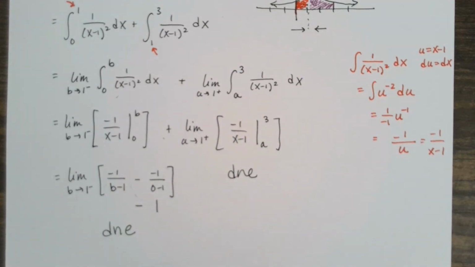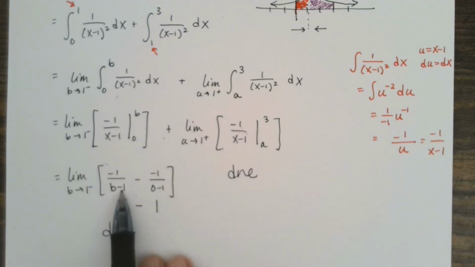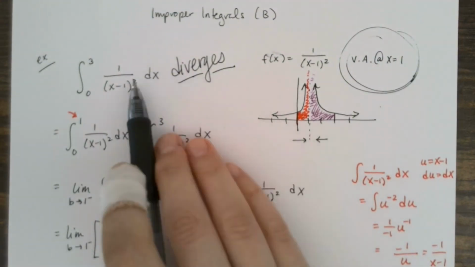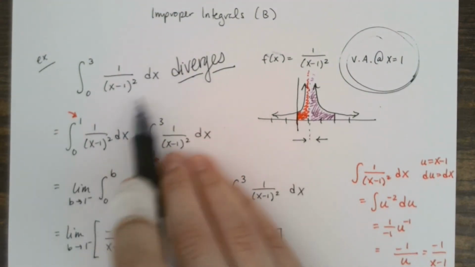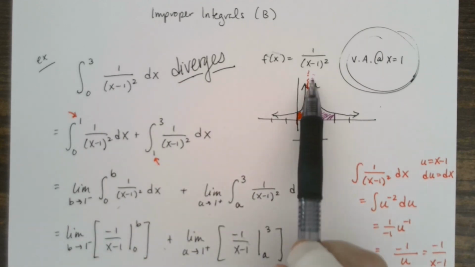If the improper integral is going to converge, this limit would exist and this limit would exist, so you would actually get a number out instead, and you can compute a final number. So what you would have said in that case is, okay, it converges and it equals whatever that final number is when you add it all up. But for us, our final answer here is that this sneaky improper integral diverges, so the red area and the purple area really are infinite.